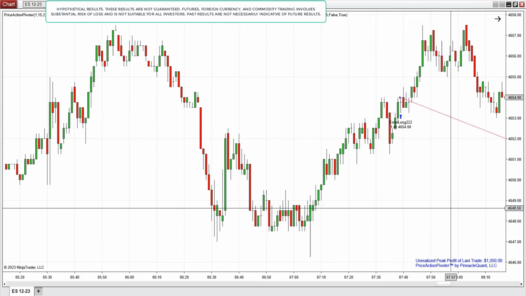So when you're setting up your chart, this system is not taking into consideration what day we are, meaning it's an economic calendar day. It's not taking that into consideration. It's not taking into consideration news. But that's how you get a proper backtest. You don't take those things into consideration.